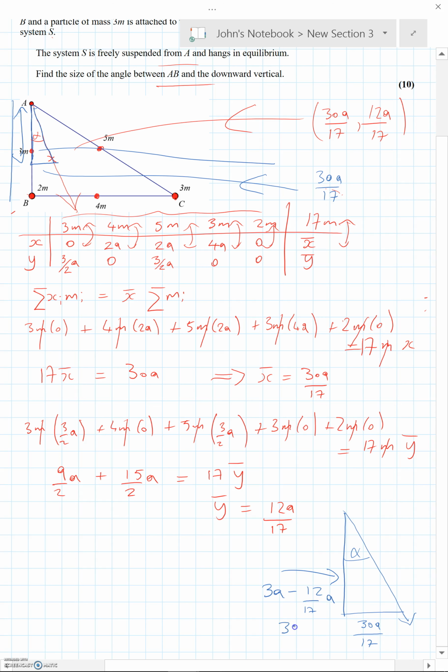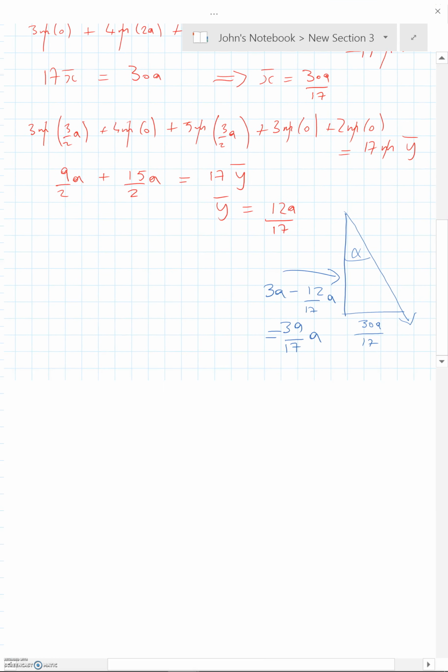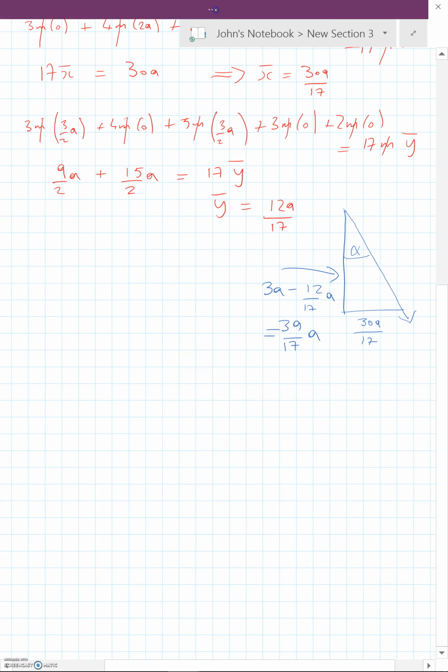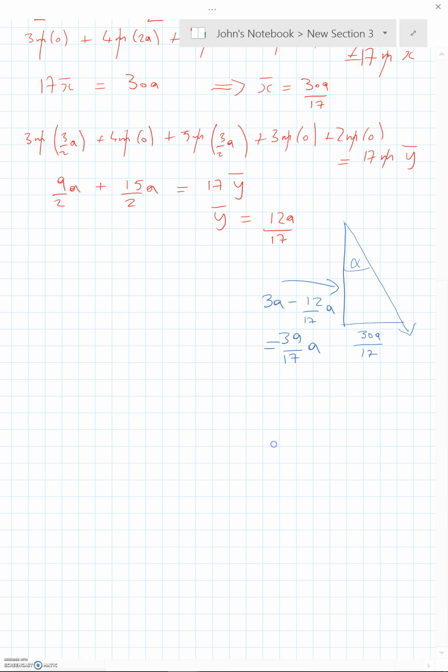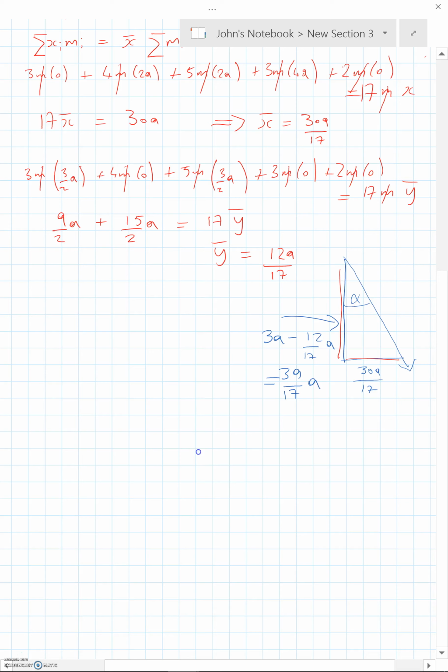And that makes it 39 over 17a. So, let's go back to red. Okay, so we now have the things on our triangle that we need.